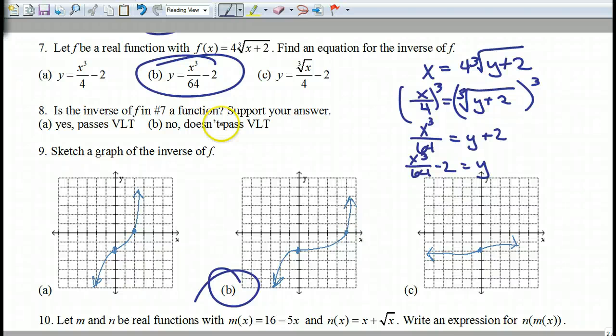Is it a function? Yes. Okay, well, here's the reason why. If you look at the inverse of it, here's the inverse of it right here. It passes the vertical line test. Okay? You can use your graphing calculator to graph it and check it.